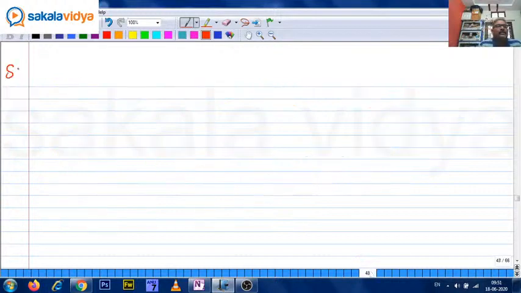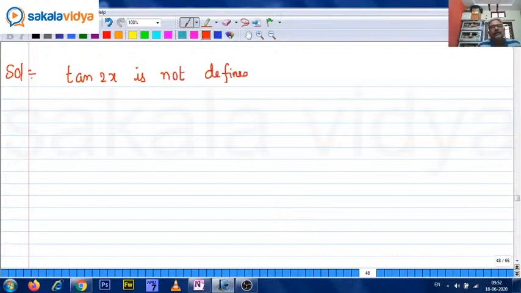So now the solution. tan 2x is not defined for 2x equal to 2n plus 1 odd multiples of pi by 2.